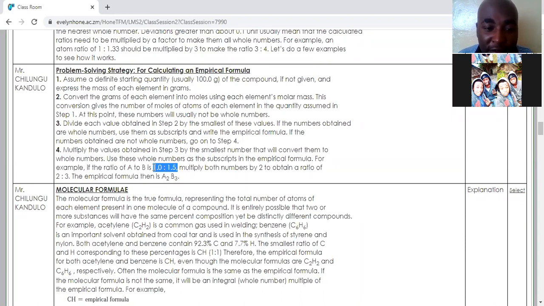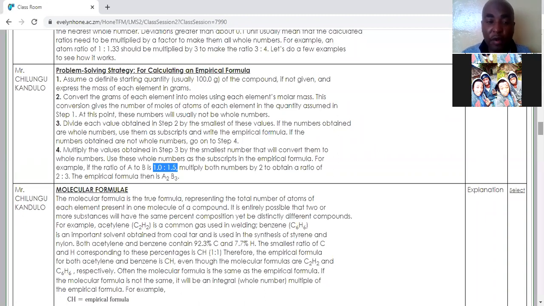If you have 1 to 1.5, you don't just say 1 to 2. Remember, you multiply both 1 and 1.5 by 2. I'll give you the factors next time on Wednesday. If it's 0.5, you multiply by 2, so what you get will be 2 to 3.